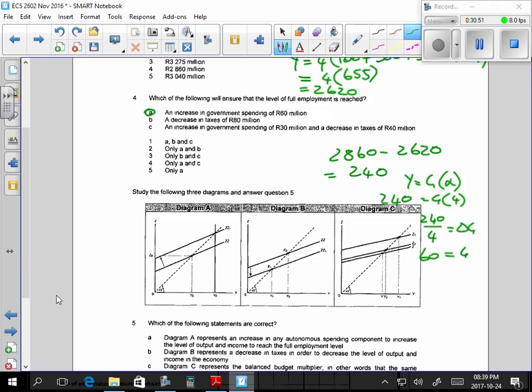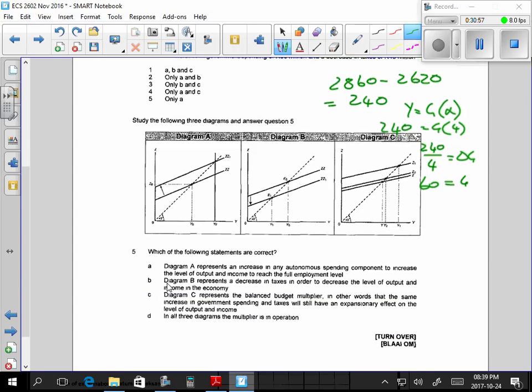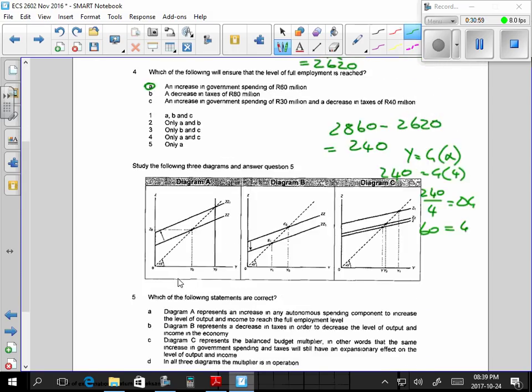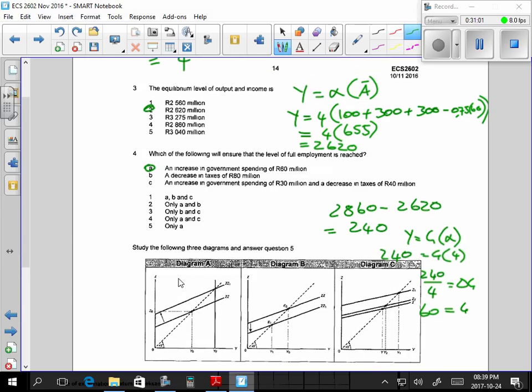Option B, a decrease in taxes of 80 million. Okay, so if we decrease taxes by 80 million, right, to calculate the effect on output and income, tax is multiplied by the multiplier and the marginal propensity to consume.